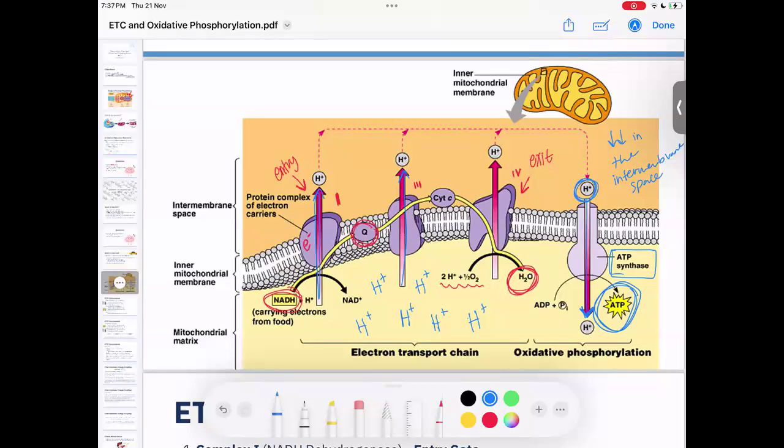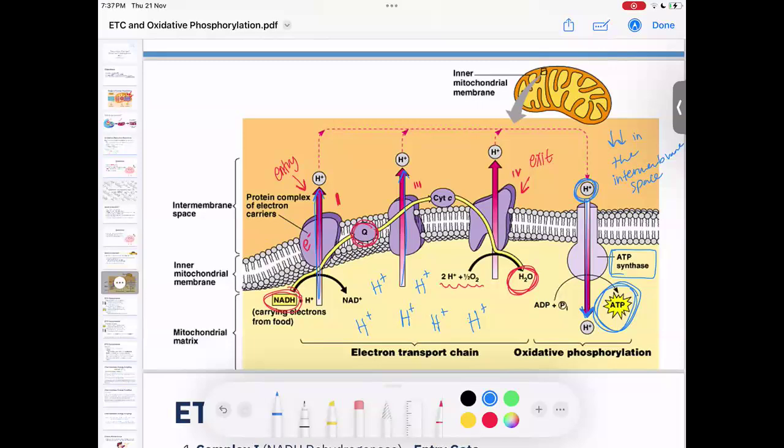But just to recap what we've talked about for now, we have 4 parts of the electron transport chain. We have complex 1, and then coenzyme Q, complex 3, cytochrome C, and then complex 4. The taxis, which are the NADH, are going to come and drop off the electron.